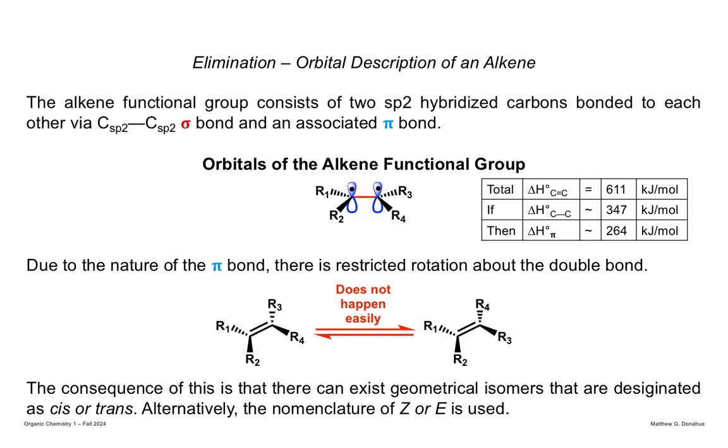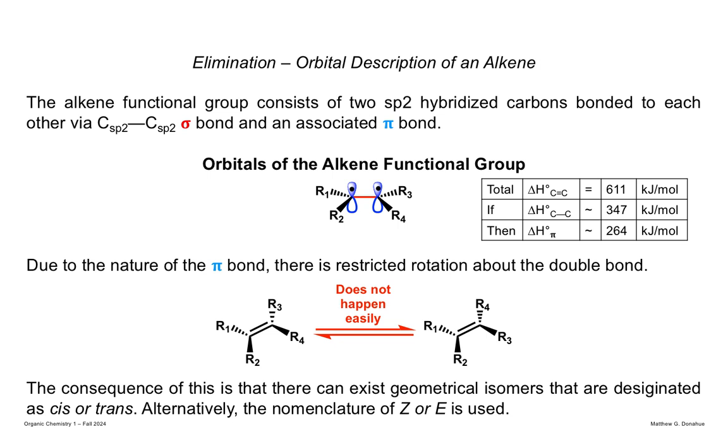To understand that, we're going to review the bonding patterns of alkenes a little bit and then talk about an addition experiment that helps us normalize the stability of alkenes.